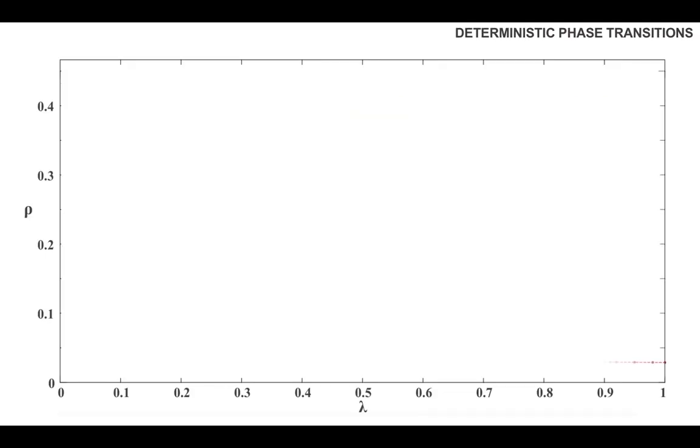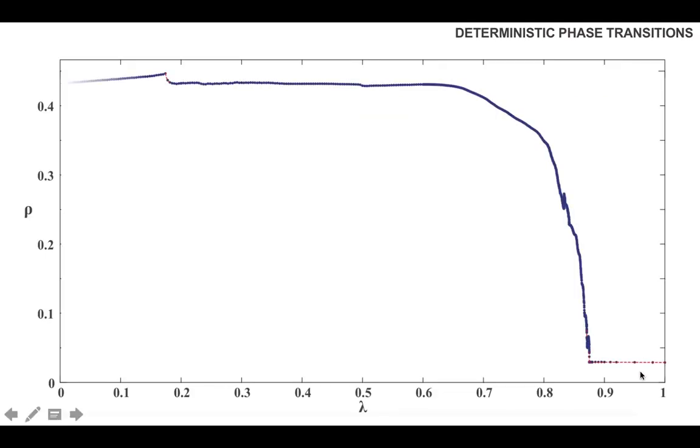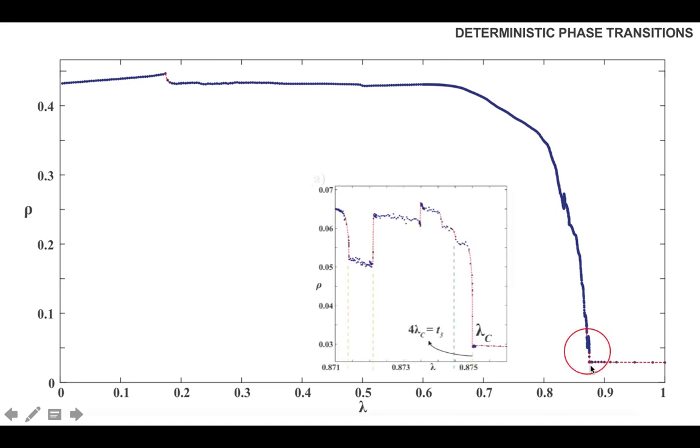Now, what happens when you change lambda? This is Conway's Game of Life, and it remains like that until you hit 0.875. And there is a phase transition here, but it's not just a simple phase transition.